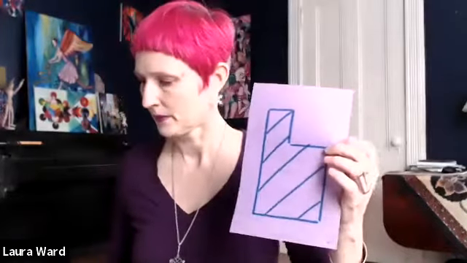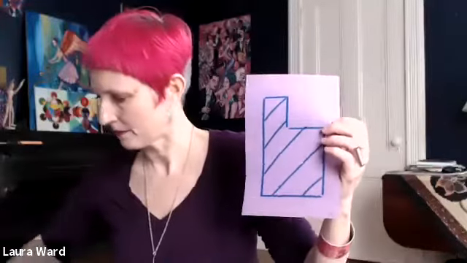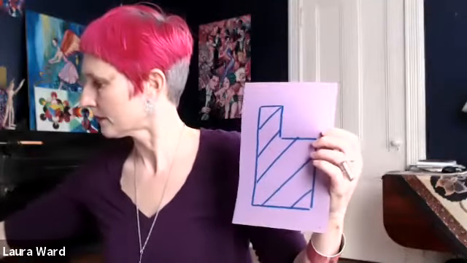Oh no, that's front low. Where did it go? I seem to have lost one of my shapes. Anyway, you guys get the idea of it, right? So that was all of them.